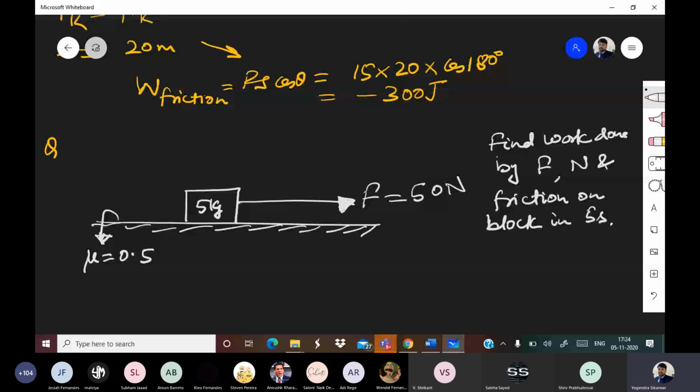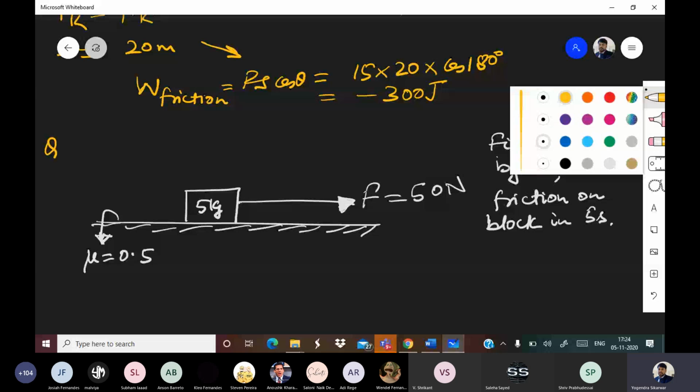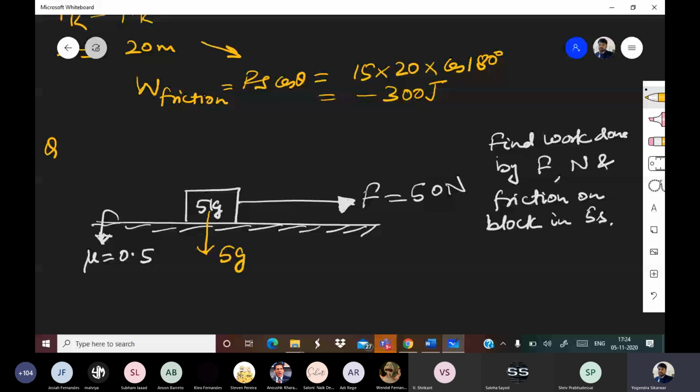Pay attention. 5G is acting downward. N is acting upward. So N minus 5G is equal to 0. So N comes out to be 50 Newton for the block.